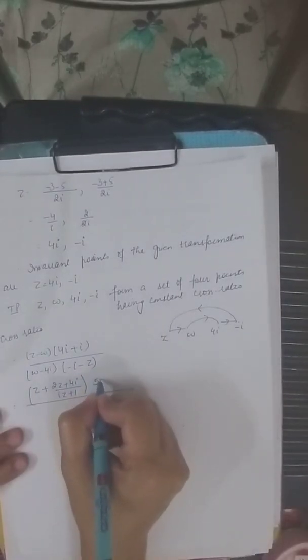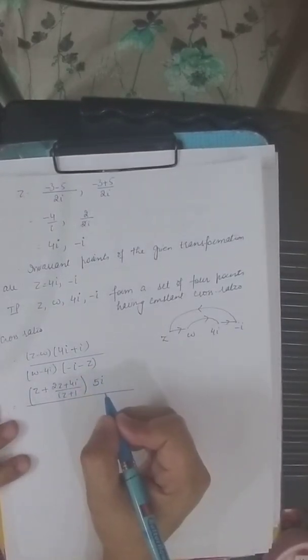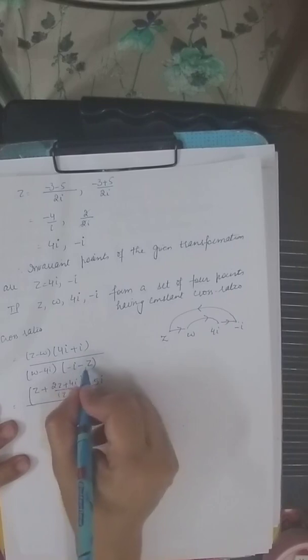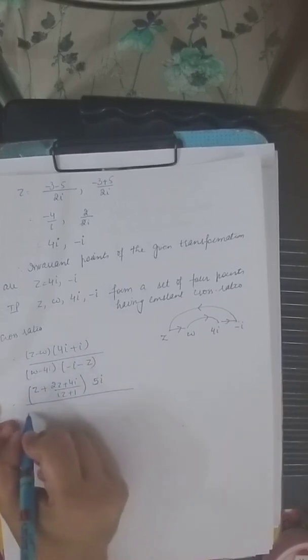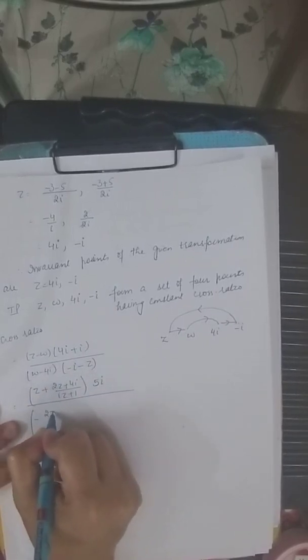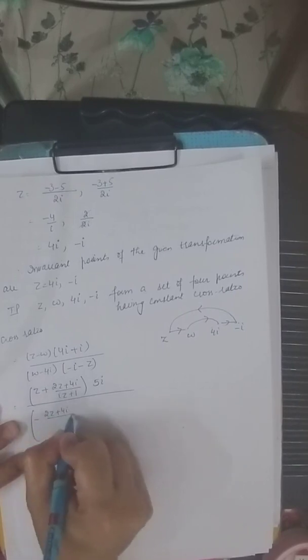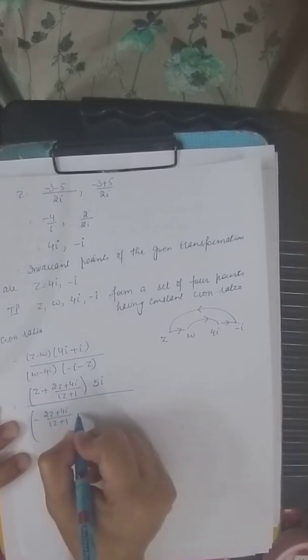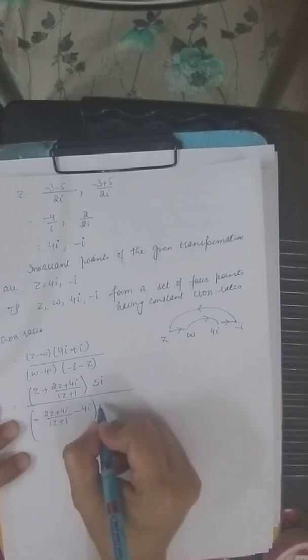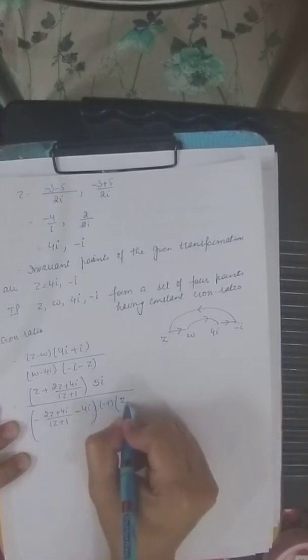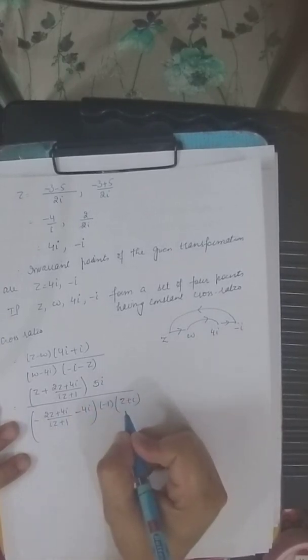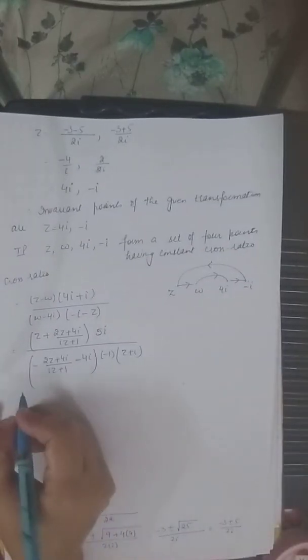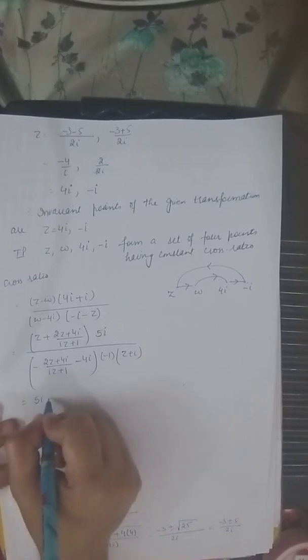4 iota plus iota will give you 5 iota. w minus 4 iota will give you minus 2z plus 4 iota over iota z plus 1, minus 4 iota. From here negative sign common, z plus iota, that is equal to 5 iota.